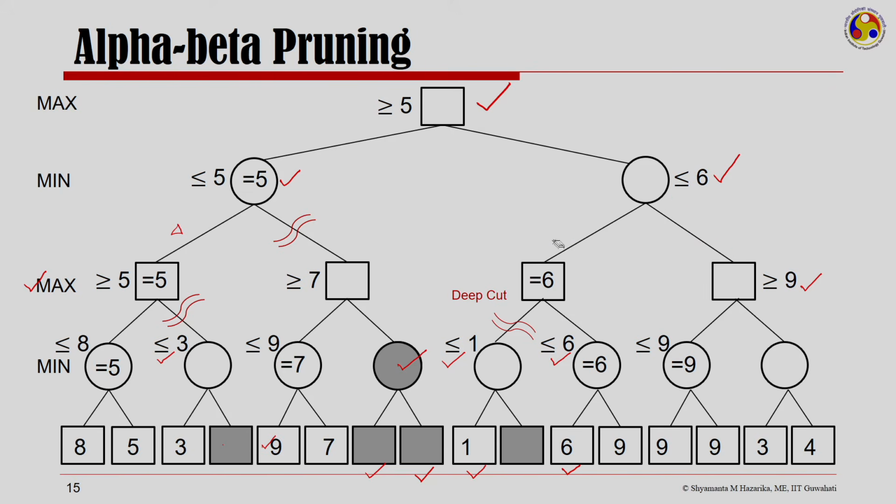So, for min, as if this portion of the subtree does not exist, and we can cut it out. So, we can have a cutoff here. Once we have a cutoff here, these leaves 3, 4 and this generation of children for the min at this point is not required, and that is the amount of saving.